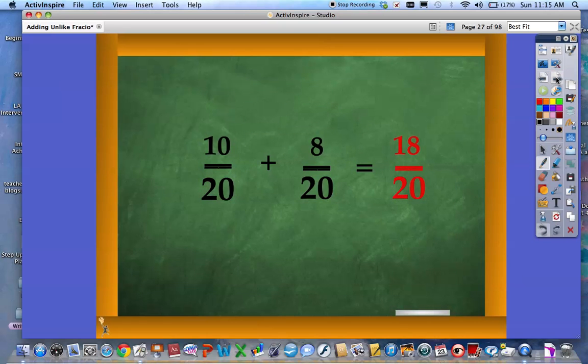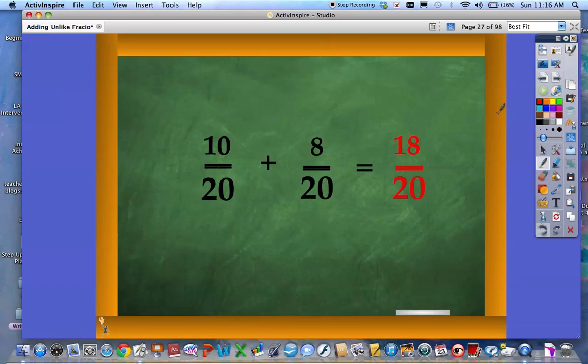Now, we have taken care of our first learning intention or learning objective. We have added fractions with unlike denominators by finding a common denominator, which is our 20, and then using it to find the numerator by making an equivalent fraction, and then we just added after that because both of these fractions now have the same denominator.